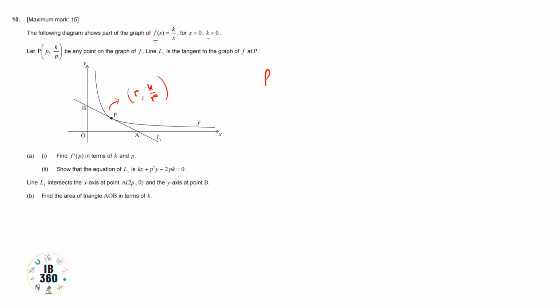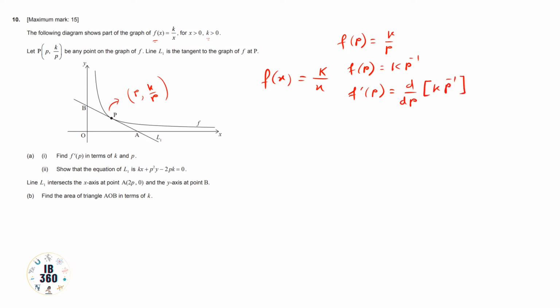Here it is very simple, f of x equals k by x. So f of p will be k by p, or we can write f of p equals k p to the power minus 1. So f dash p equals d by dp of k p to the power minus 1.